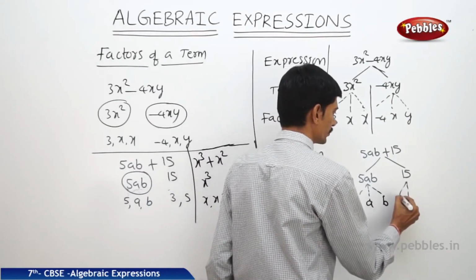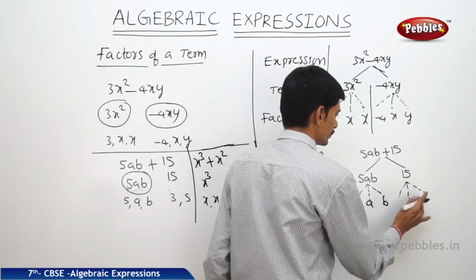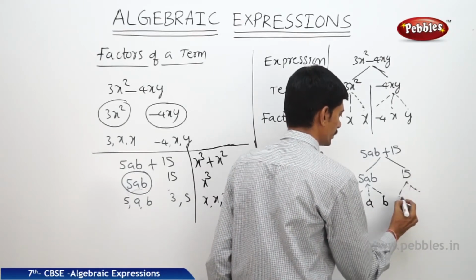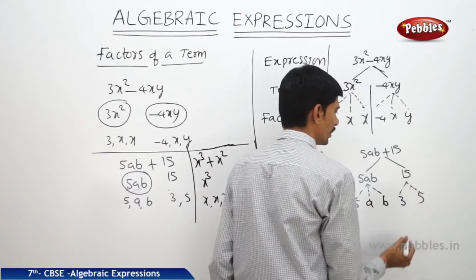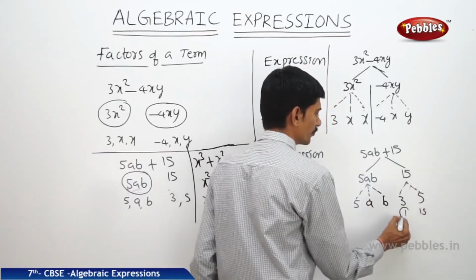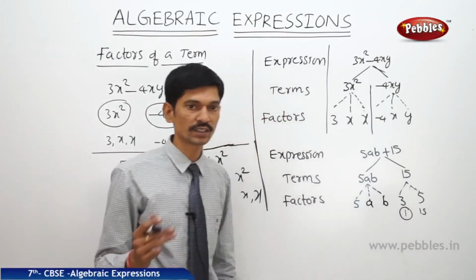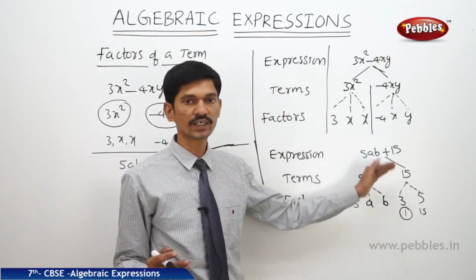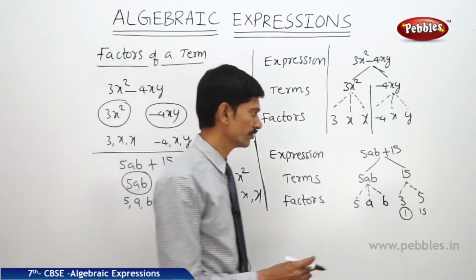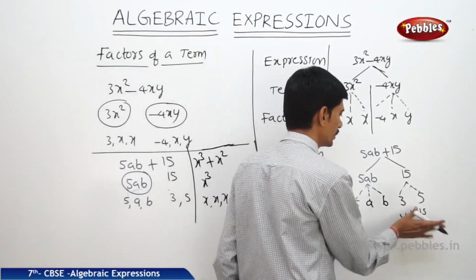So here we have only two factors of 15, 3 and 5, and we can also write 1 and 15, but we do not consider 1 as a separate factor of any constant term or any algebraic expression. That is why we write the factors as 3 and 5.